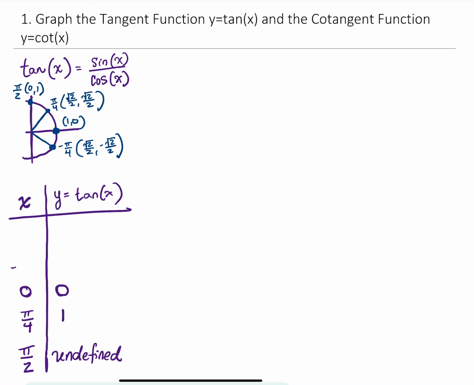So we can say at negative pi over 4, we should have the point negative 1. And then down here, we can call this negative pi over 2. This is the coordinate point 0, negative 1. We'll also get an undefined value since we're dividing by 0. So we expect another vertical asymptote here.